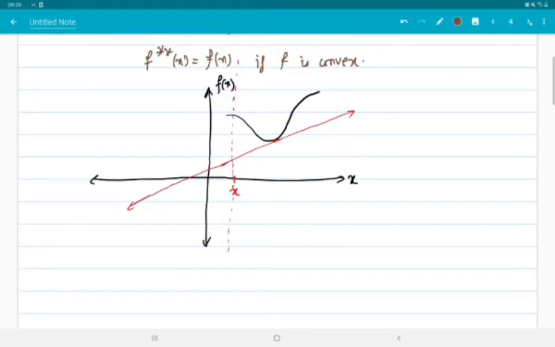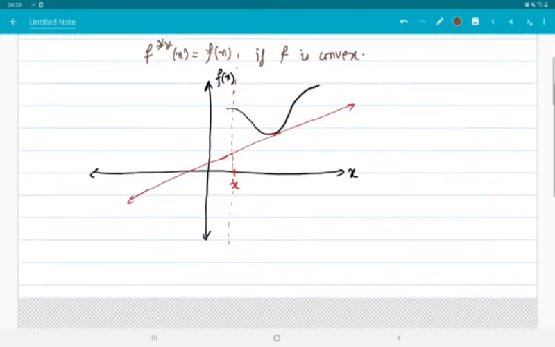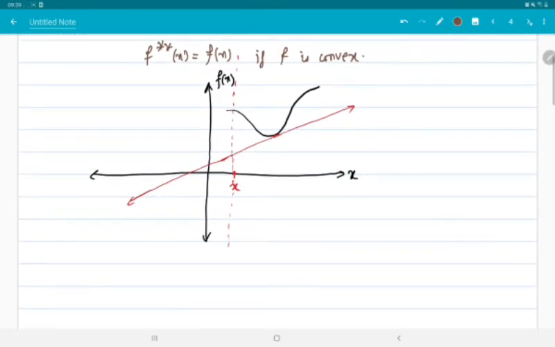So for this setup, it will be the supremum of all the y values. If we have a particular x, it will look like this.